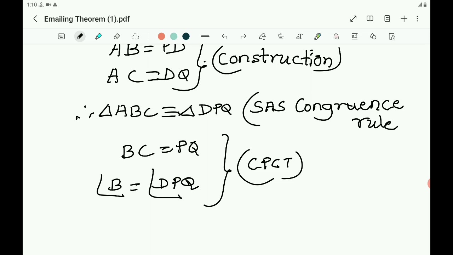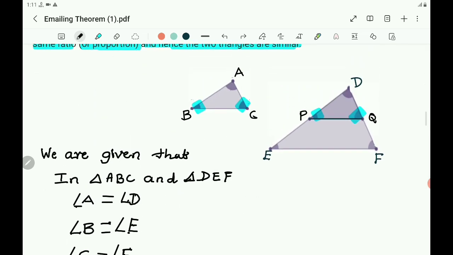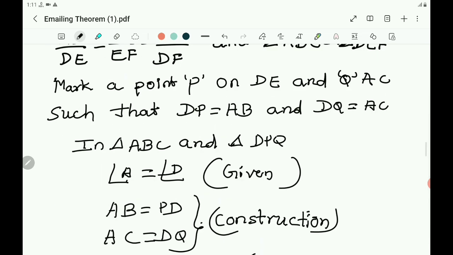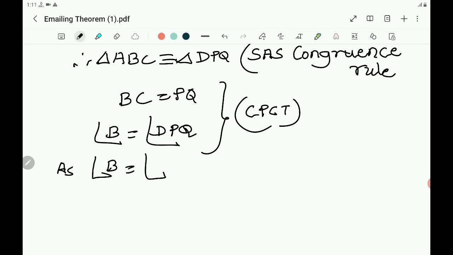Next here the same angle B is equal to which angle? E. Then you can write angle B equals angle E. Why angle B equals angle E? That is given. Three angles of triangle ABC and triangle DEF are equal.